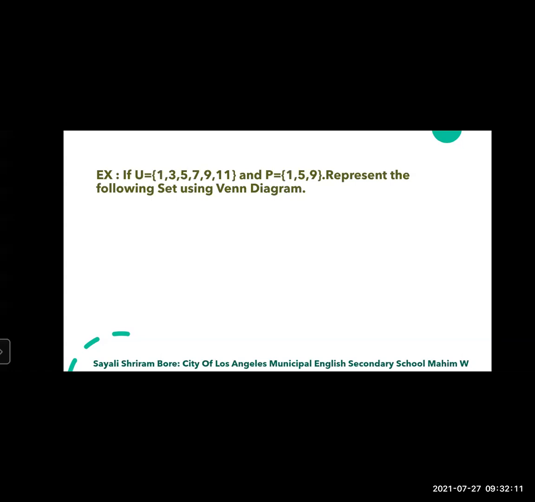Now next: if U is equal to 1, 3, 5, 7, 9, 11 and P is equal to 1, 5, 9, represent the following sets using the Venn diagram. Now, in the example we saw previously, it was mentioned that U is the universal set.